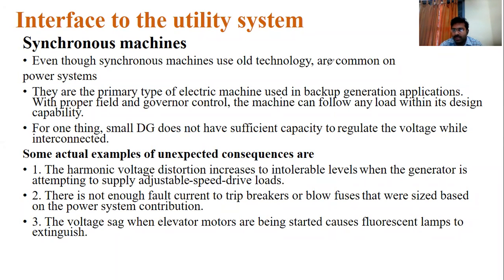A plant generating less than 10 megawatts of power we can treat as a DG, distributed generation. More than that, we give power to the grid. This DG's power is also given to the grid, but in the distributed grid you connect these DGs.